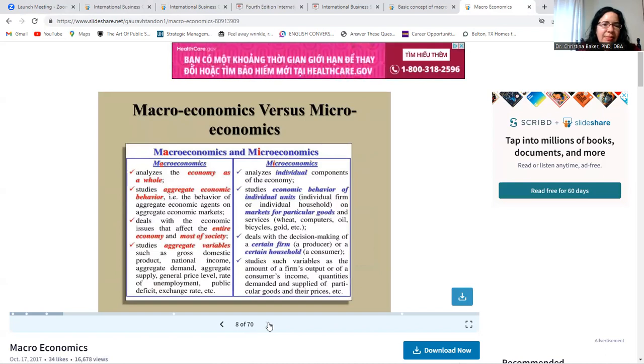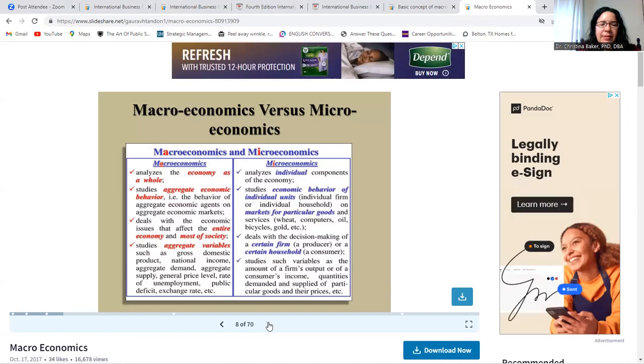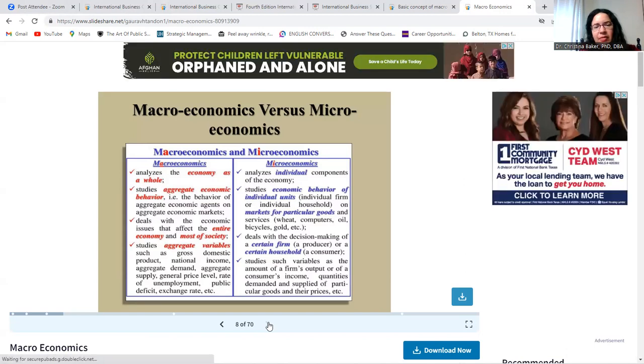Looking at macro and microeconomics, macroeconomics analyzes the economy as a whole, studies aggregate economic behavior of aggregate economic agents in aggregate economic markets, deals with the economic issues that affect the entire economy and most of society, and studies aggregate variables such as gross domestic product, national income, aggregate demand, aggregate supply, general price level and rate of unemployment, public deficit, exchange rate, etc. Microeconomics analyzes the individual components of the economy, studies the economic behavior of individual units, an individual firm or individual household, on the markets of particular goods and services: wheat, computers, oil, bicycles, gold, etc. It deals with decision making of a certain firm, a producer, or a certain household or consumer.